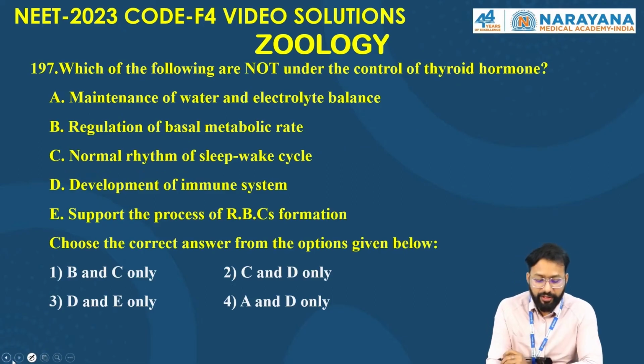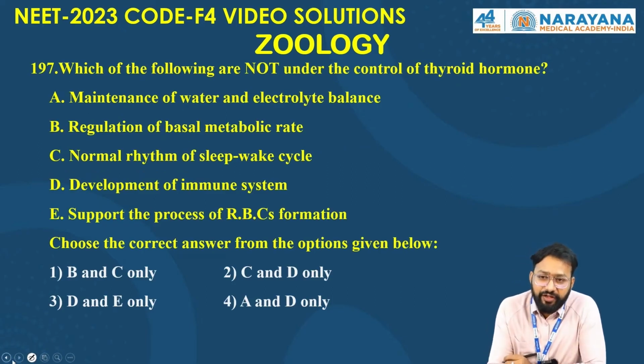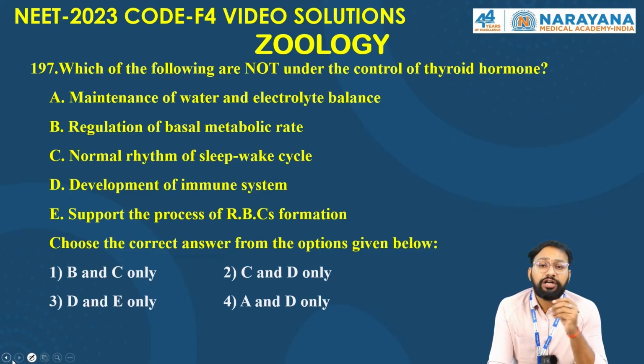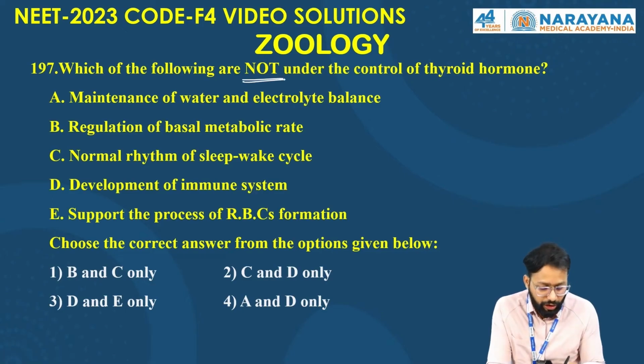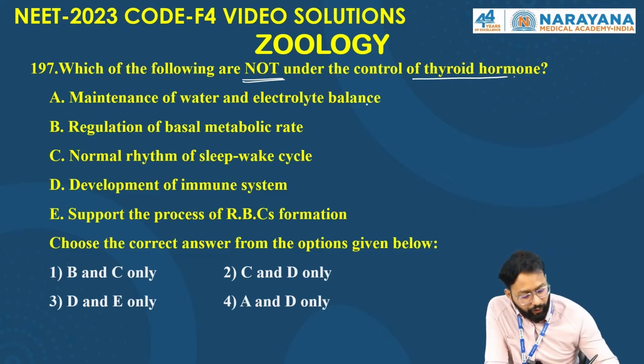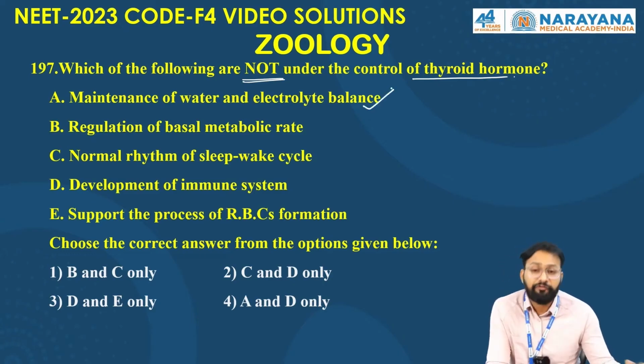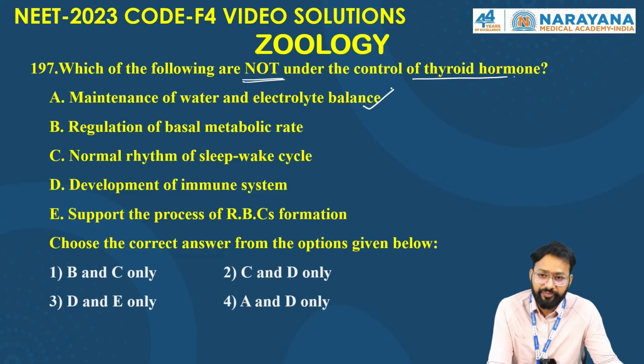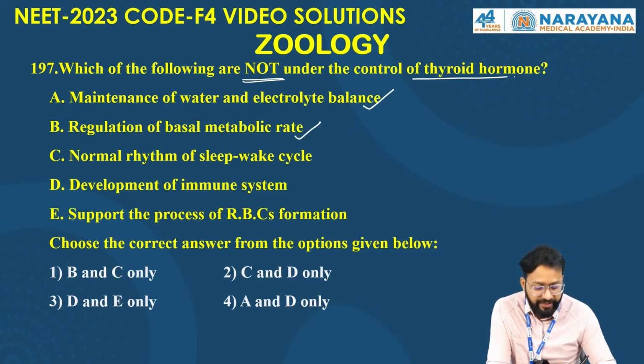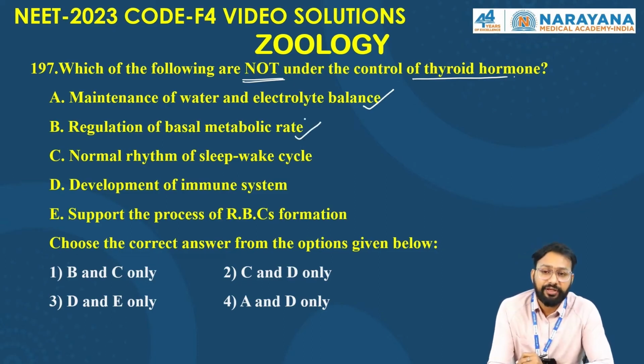Next, question number 197. Which of the following are not under the control of thyroid hormone? Maintenance of water and electrolyte balance is a function of thyroxine. Regulation of BMR, basal metabolic rate, is also a function of thyroxine.